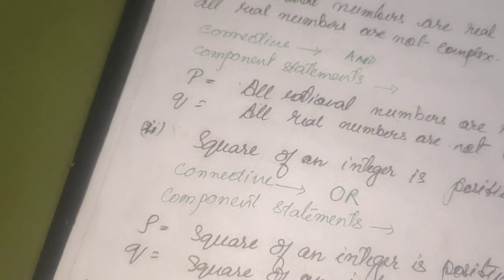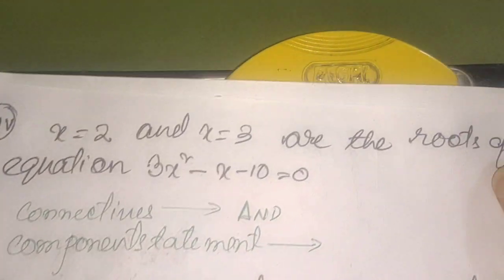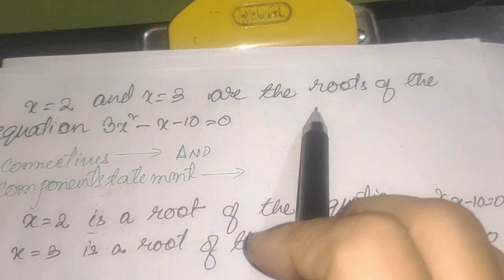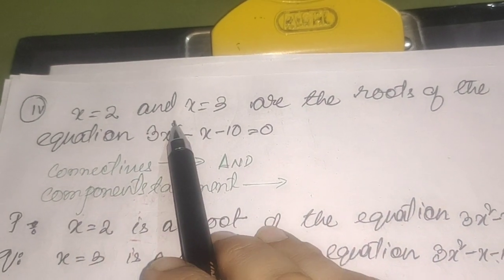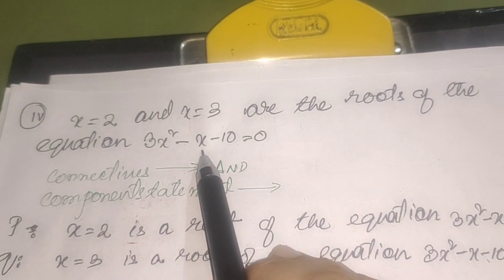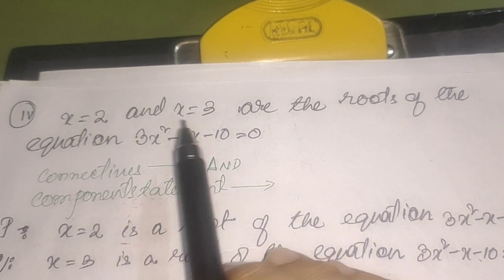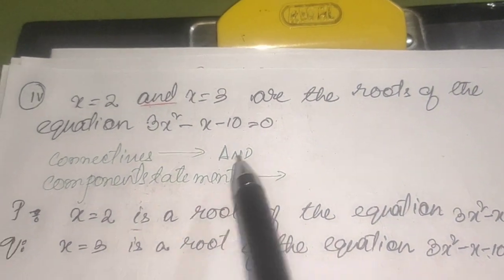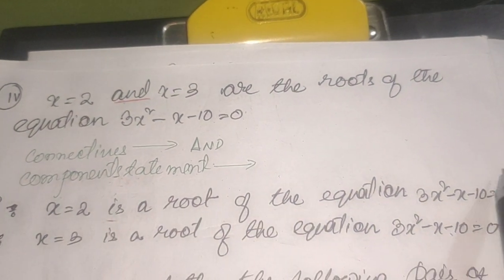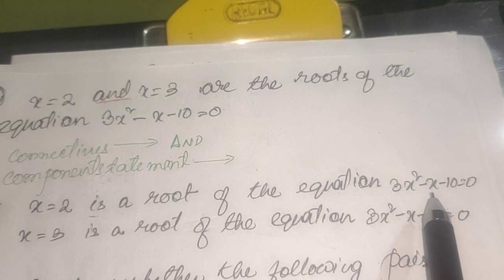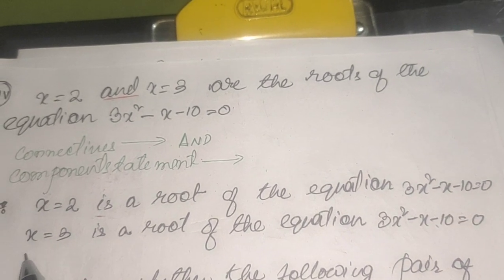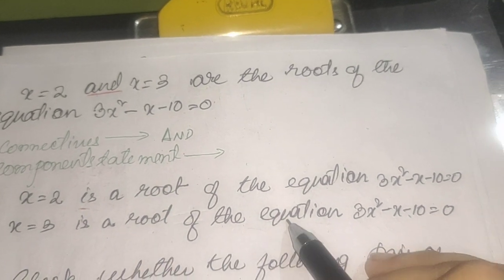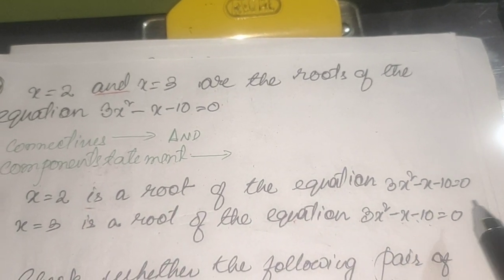After this there is another question, question number 4: x equals 2 and x equals 3 are the roots of the equation 3x square minus x minus 10 equals 0. In this case and is the connective, and the components are x equals 2 is a root of the equation 3x square minus x minus 10 equals 0, and x equals 3 is a root of the equation 3x square minus x minus 10 equals 0.